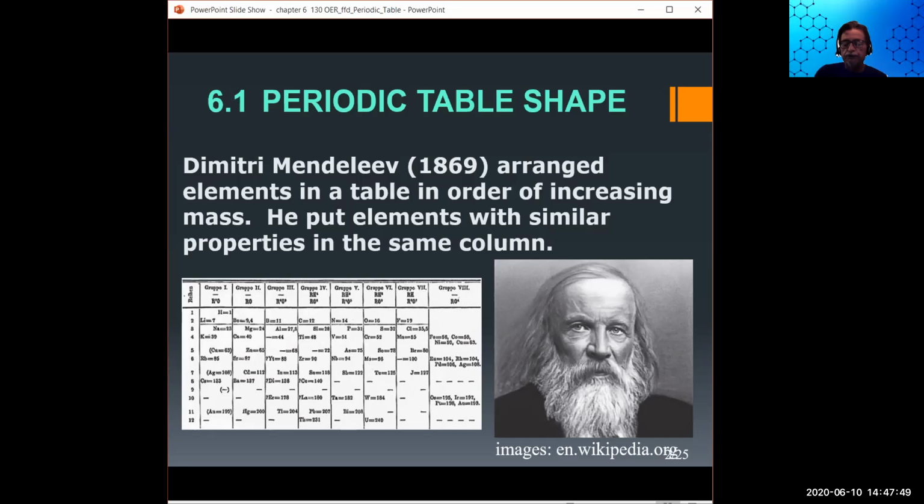Right now, we introduced to you the groups, and what they all had in common was the fact that everybody in the same group has similar reactivity because they shared the same number of valence electrons, and therefore would have a similar type of reactivity. Okay, so this is his periodic table way back when.